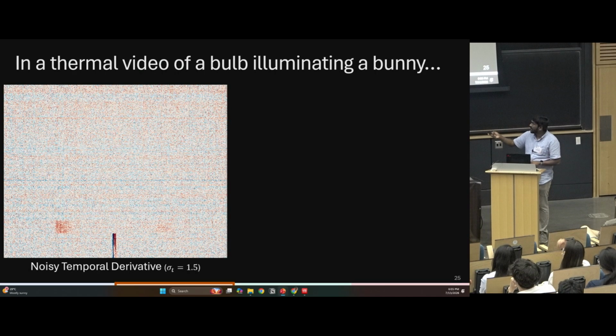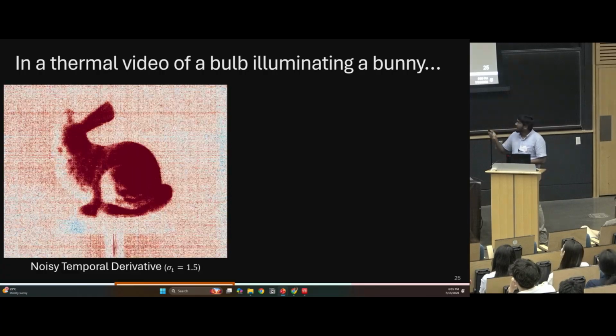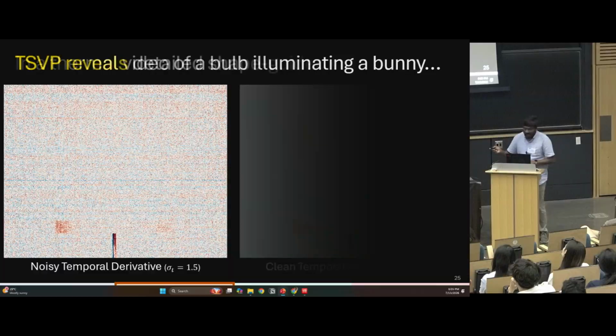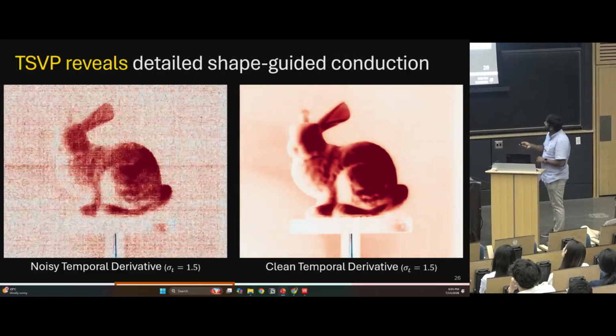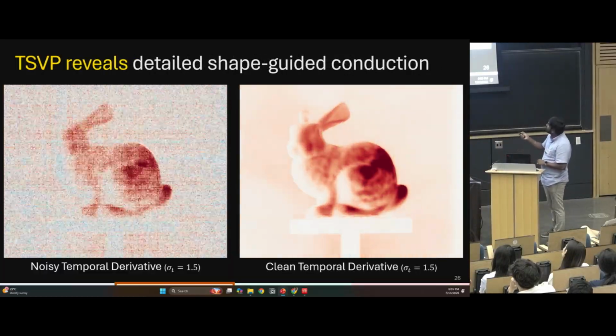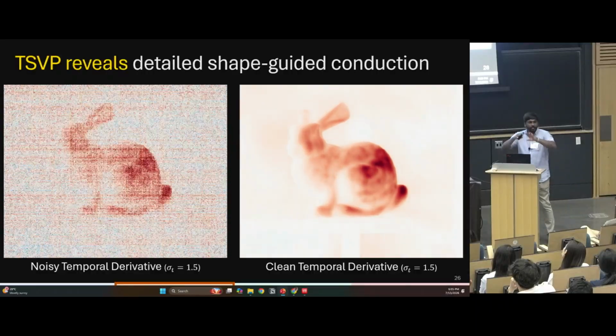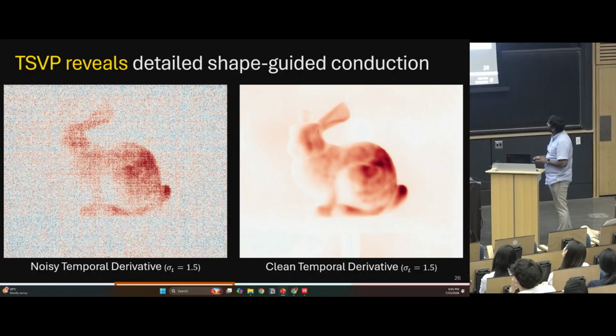But once you apply a temporal derivative, you start to see all the amounts of noise in it. And if you perform denoising with our method, then you see consistent effects, and you even see these low, smooth shading effects that are due to the geometry of the object. And the contrast reduces again with time because heat conduction kicks in.